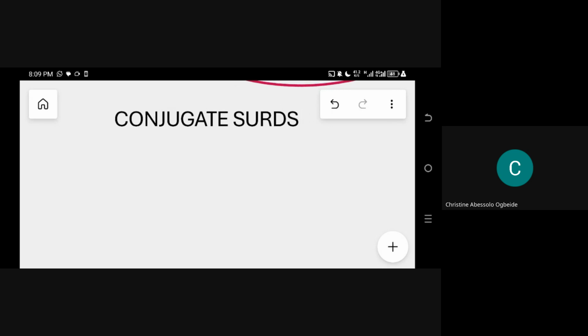All right. So we're looking at conjugate surds now. Just like this rationalization of surds we just did, there is also rationalizing surds that are in the form of an expression.